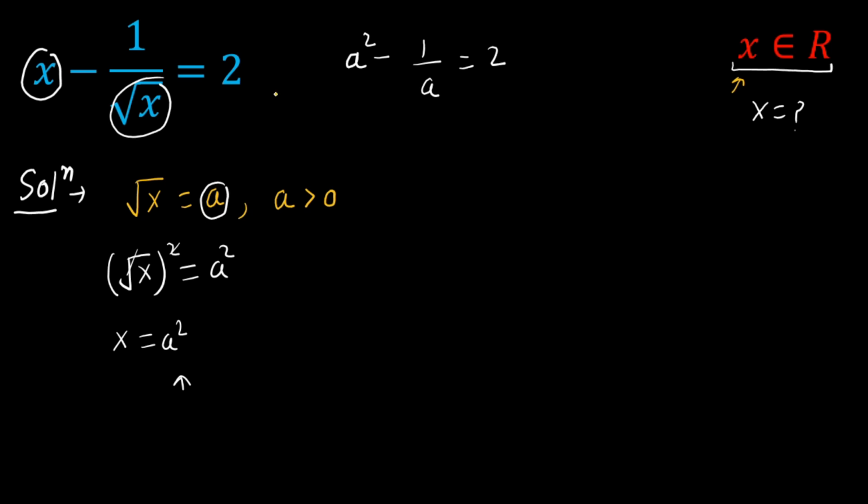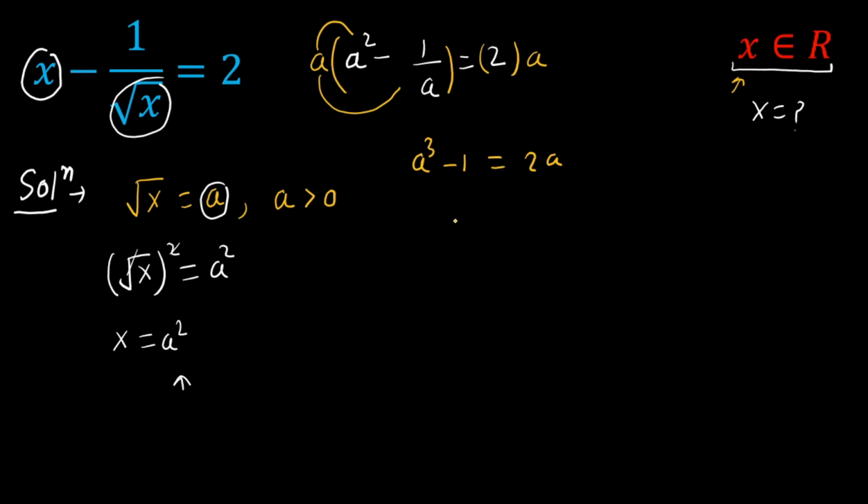Now if we multiply both sides by a, then on the left-hand side a is multiplied by a square, giving a power 3, and a is multiplied by 1 over a, giving minus 1, and this equals 2 times a.